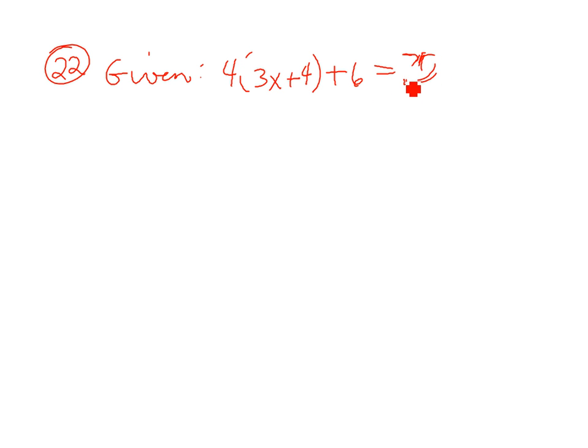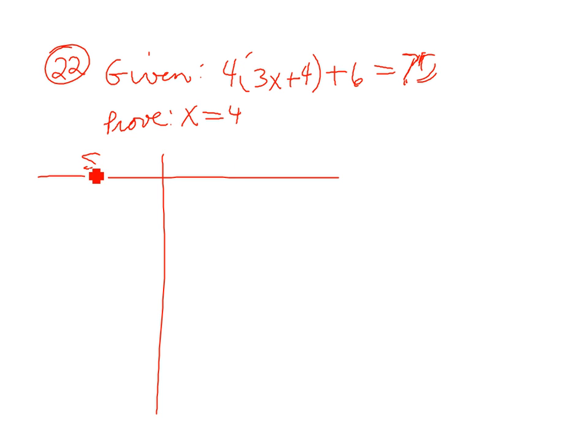Can't quit writing out there. And we're trying to prove that x equals 4. Got our statements and our reasons, no picture on this one, so we're just going to start off by doing the math.